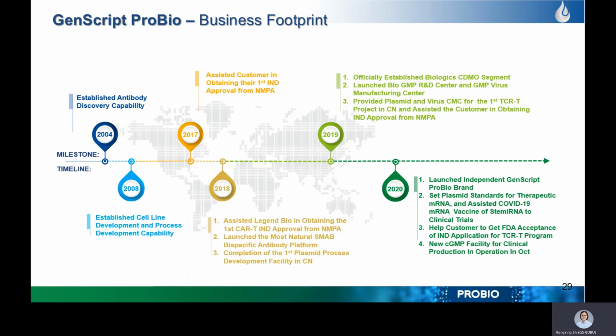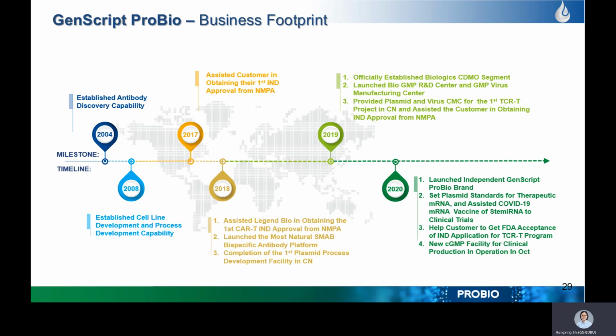Business footprint. In 2004, we established antibody discovery capability. In 2008, we established the capability of CLD and process development. In 2017, we assisted a customer to obtain their first IND approval from NMPA.